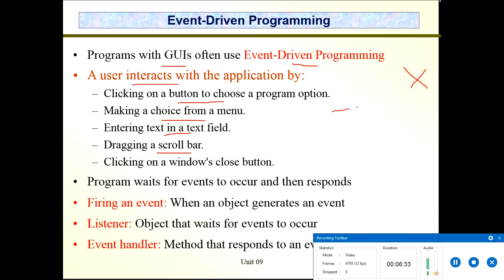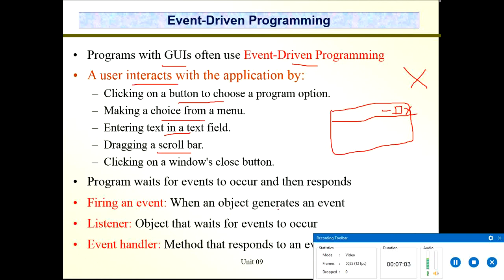For example, in your window at the very top you have these three buttons: minimize, maximize and cross button. When you click on this cross button, some event happens, and that event is that it closes your window. So the program waits for the events to occur. This is an example of the events and then responds.